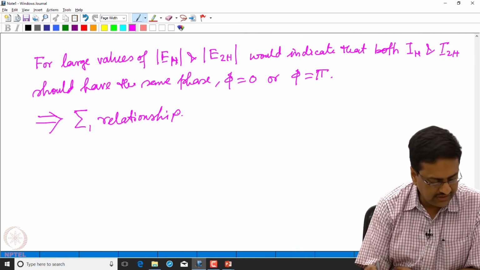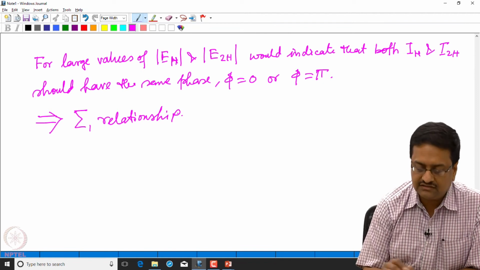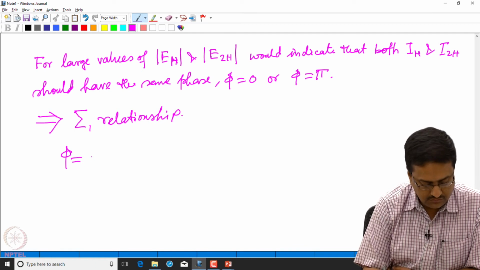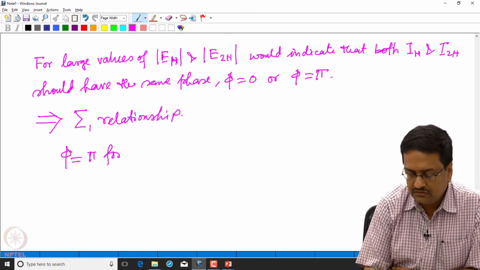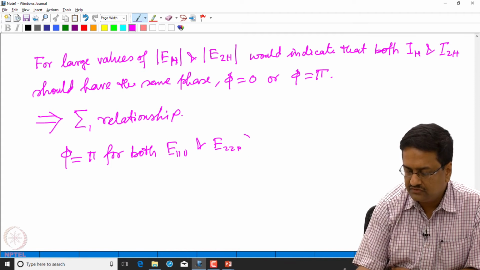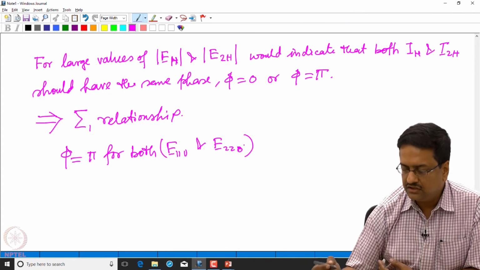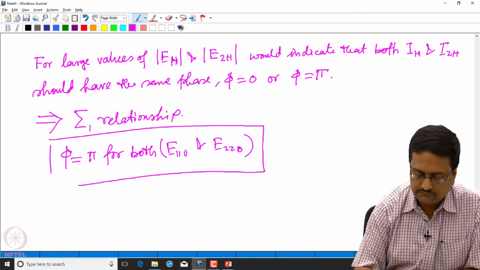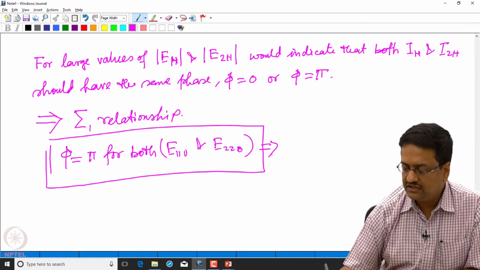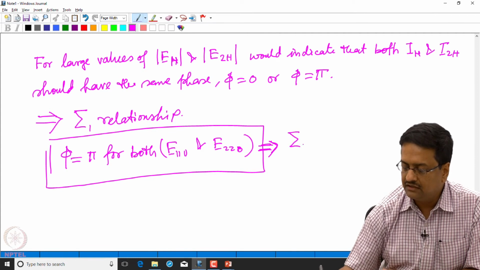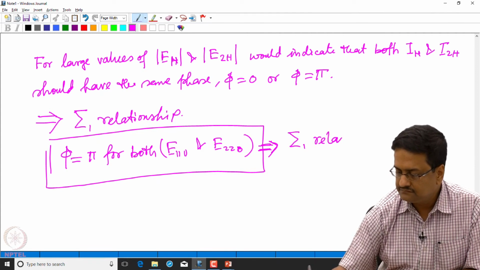So I would like you to practice or to do this exercise for phi equal to pi for both E110 and E220 set of reflections, or E220 structure factors, and draw the scenarios that I have drawn and make sure that the sigma 1 relation is still valid.